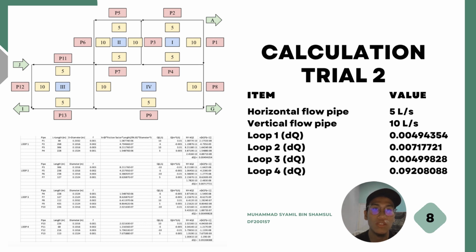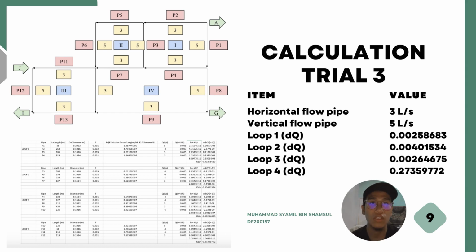For loop 3, the value of dq is 0.004999828. For loop 4, the value of dq is 0.092080088.